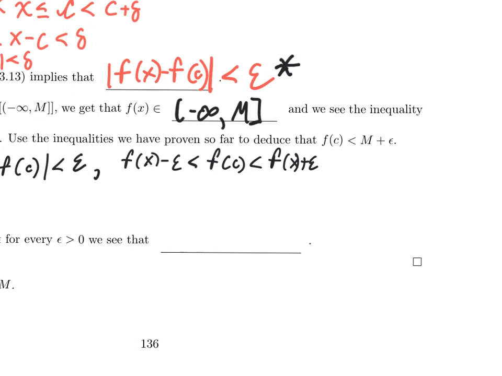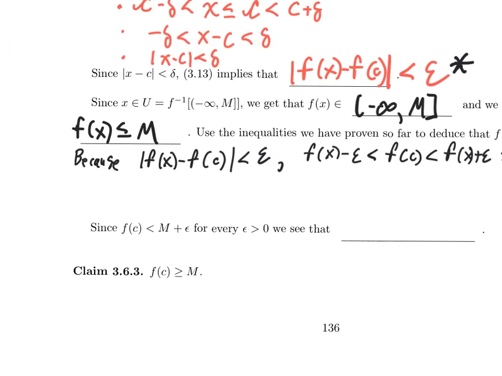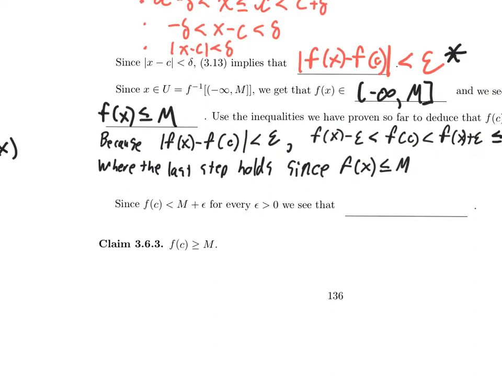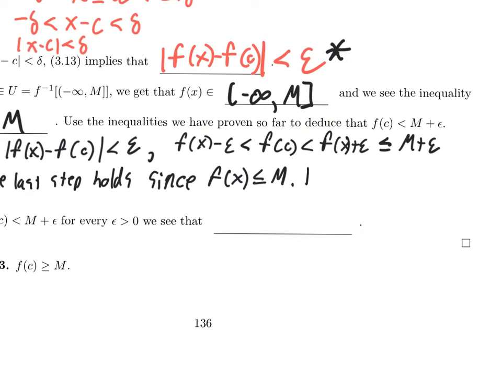Oh wait, but that is now less than or equal to m plus epsilon. Where the last step holds since f of x is less than or equal to m. Good. So, thus, f of c, the bit that I actually care about, is less than m plus epsilon.